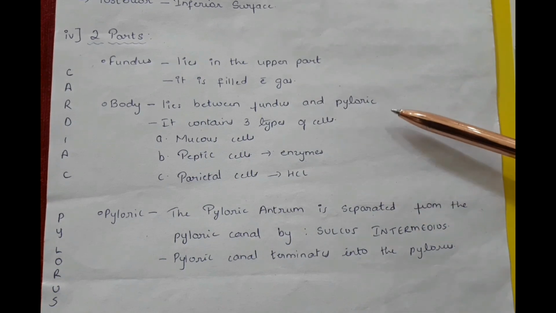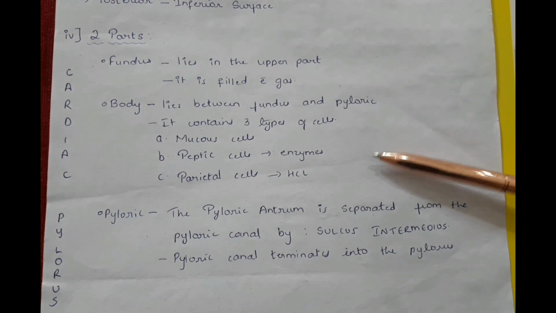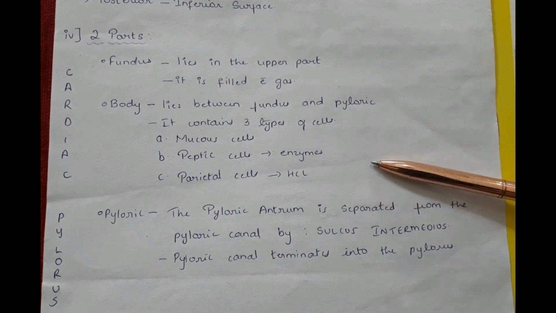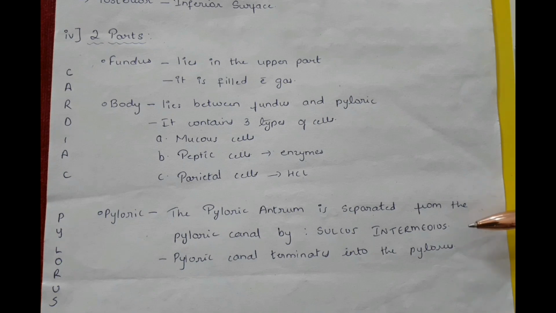It contains three types of cells: the mucous cells, the peptic cells which contain enzymes, and the parietal cells which secrete HCl. The pyloric antrum is separated from the pyloric canal by the sulcus intermedius. The pyloric canal terminates into the pylorus.